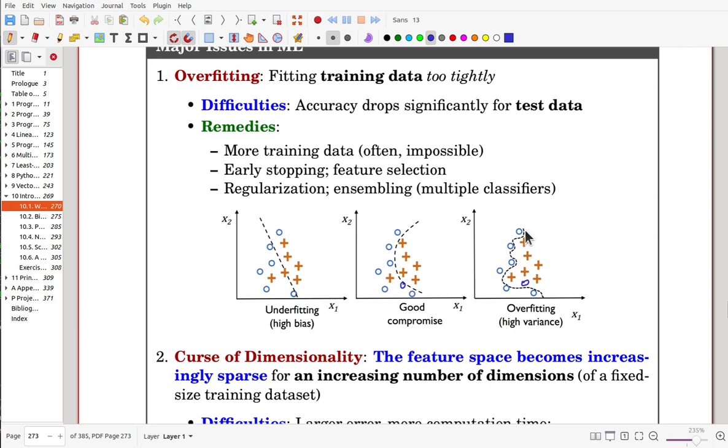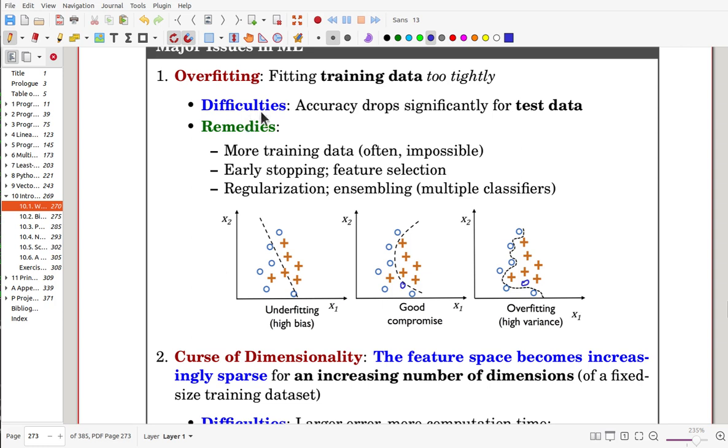Then if you make the model too tight, then for a new point, it can be predicted wrong. So that is called overfitting. It can happen quite easily.